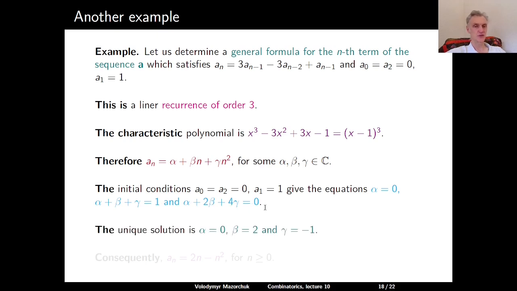And the unique solution of this is alpha is equal to 0, beta is equal to 2, and gamma is equal to minus 1. And this means that our sequence an is given by 2n minus n squared for all n greater than or equal to 0.